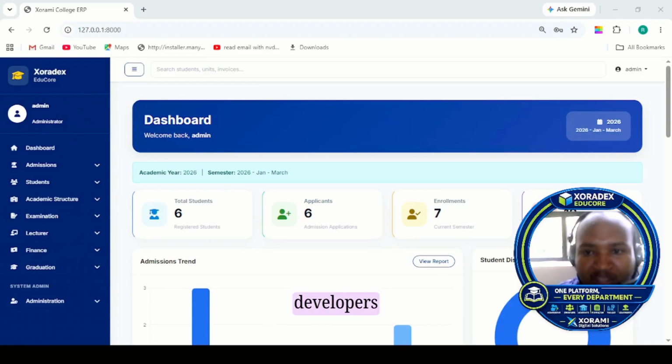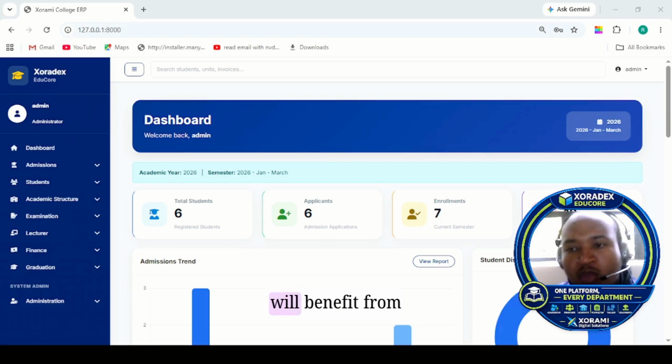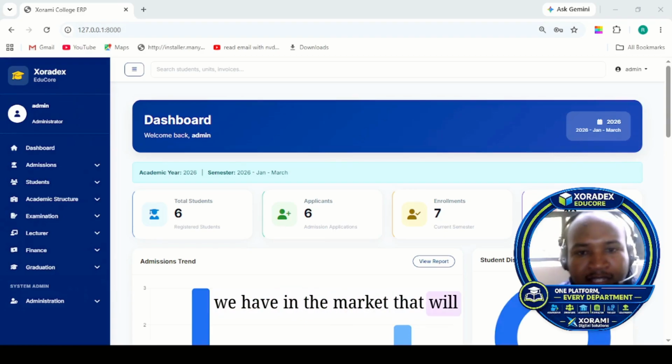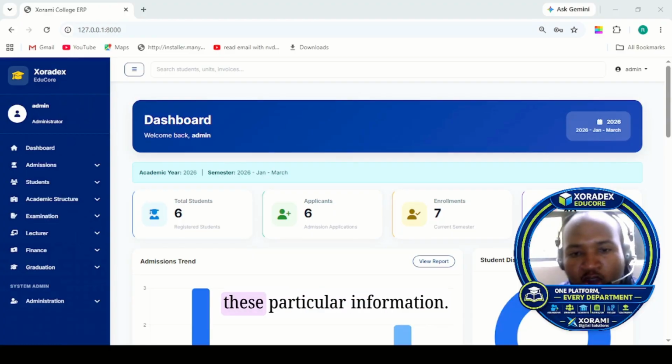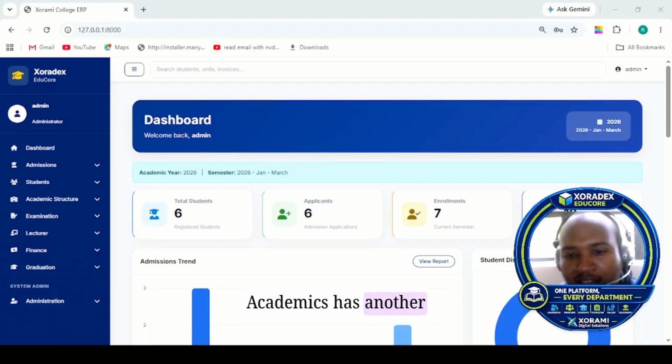Yes, developers are trying their best to unify this. And each and every day, we will benefit from products in the market that will simplify all this information. So admissions could have their own records, finance has their records, academics has another system completely.